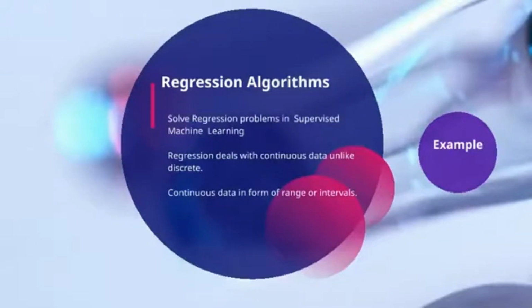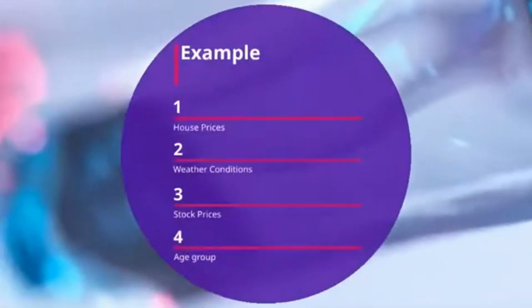Now I will walk you through some examples to make it clearer. A few regression problems are like predicting house prices. We've done one machine learning project on this, Boston housing price prediction. Since these prices are in a continuous range, like $10,000 to $20,000, $20,000 to $25,000 slab, this comes under a regression problem.